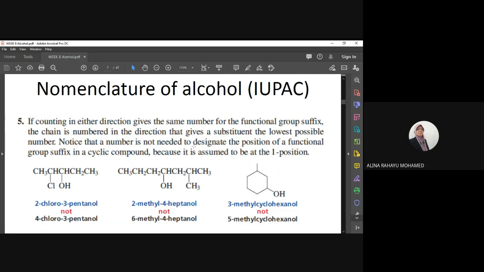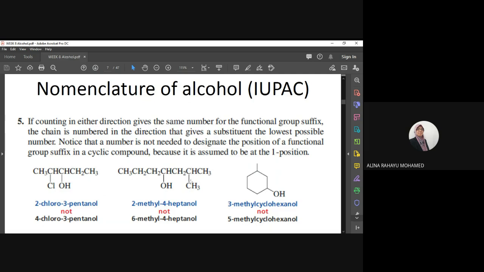Let's look at the compound in the middle. We have 1, 2, 3, 4, 5, 6, 7. 7 is heptanol. So OH is at carbon number 4, regardless of whether you count from the left or from the right. But this carbon has a methyl group, so because of the presence of the methyl group, this is considered 2.